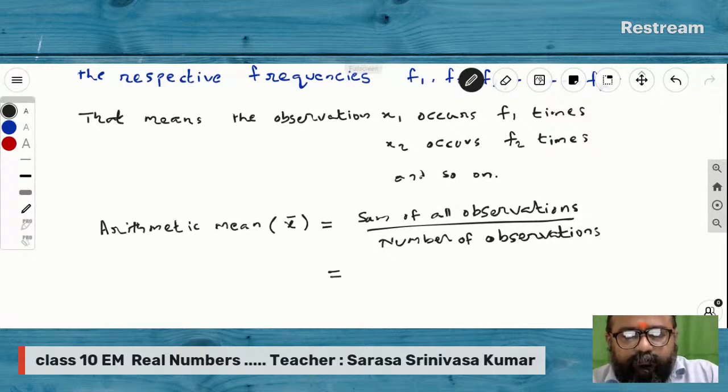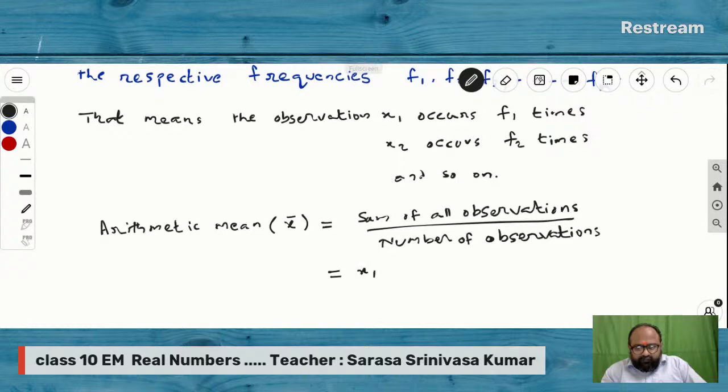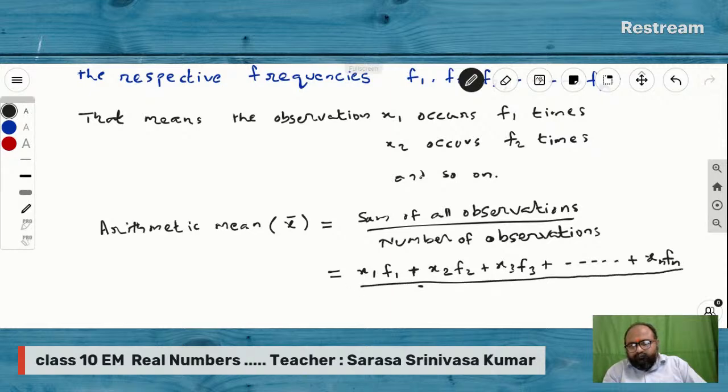This is equal to x1. The observation x1 has occurred for f1 times. So we must multiply these two: x1 f1 plus x2 f2 plus x3 f3 plus and so on plus xn fn by number of observations.